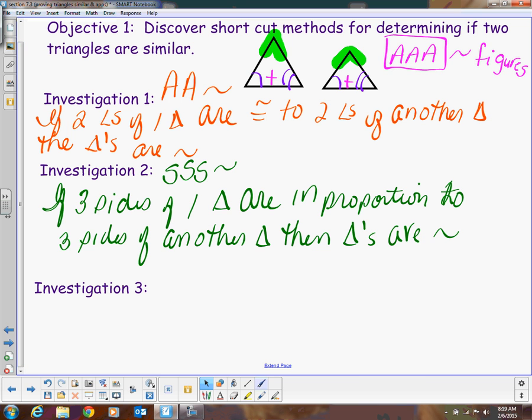All right. The third one that we have is called side angle side similarity. What's going to be true about the two sides? No, they're in proportion. What's going to be true about the angle? It's going to be congruent.